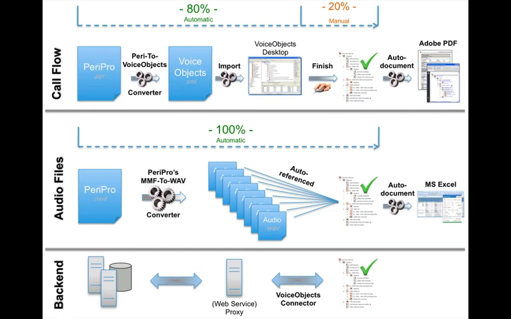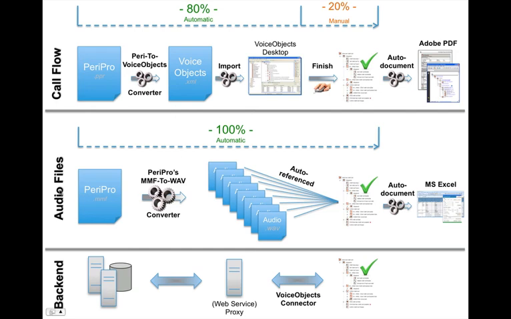Now the tool automates about 80% of that work, so usually there is some remaining work to be done manually. So for example, like backend integration. So you take the output, finish it up as a manual process here, and then, which is part of VoiceObjects, you can click a button to produce an automatic documentation of the new implementation, which is a PDF file.